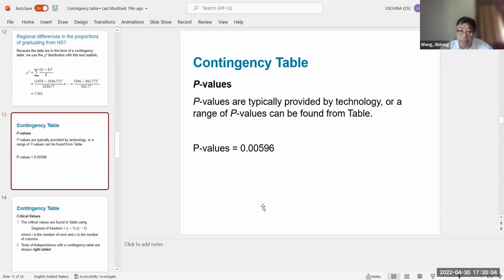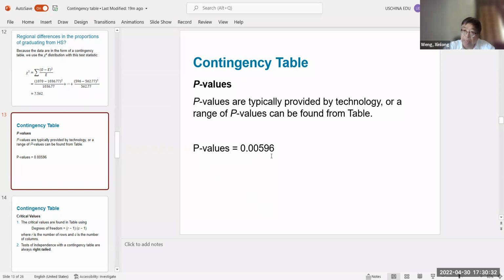As we've done many times before, we have to calculate the p-value. Using technology, in the old days it was a table, but these days always software, R, StatCrunch, whatever, even Excel, you can calculate the p-value, which is so small.